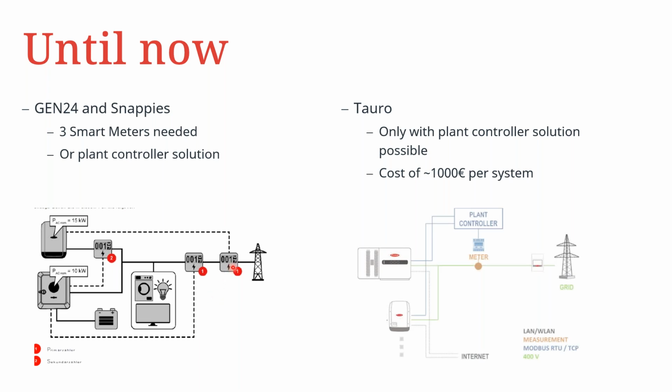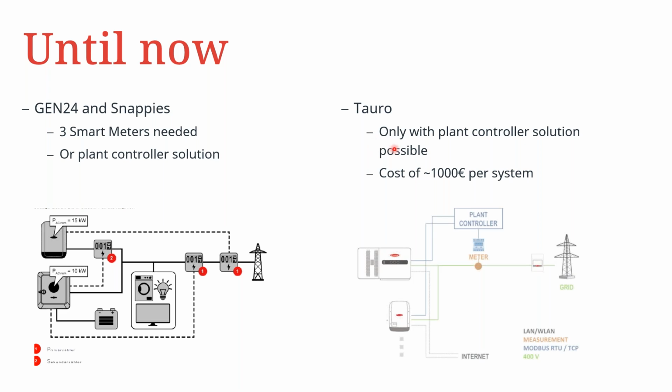So we'd have a primary smart meter connected at the grid feeding point, and then you have branch smart meters at the consumption part, so that communication and feeding would be implemented appropriately. So that was for a mix of Gen 24 and Snap inverters.